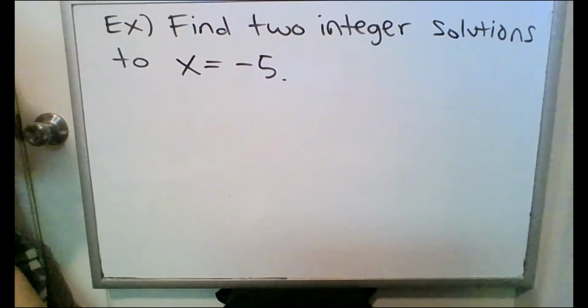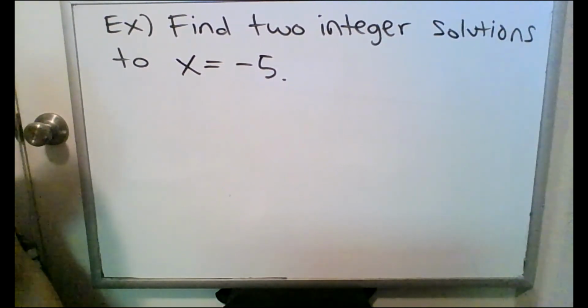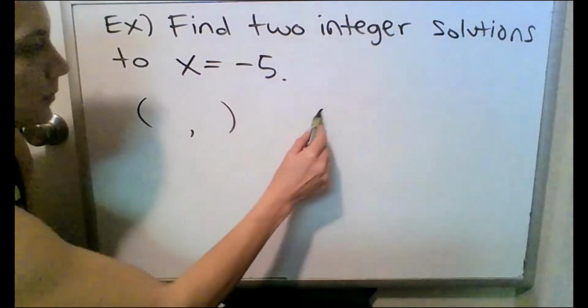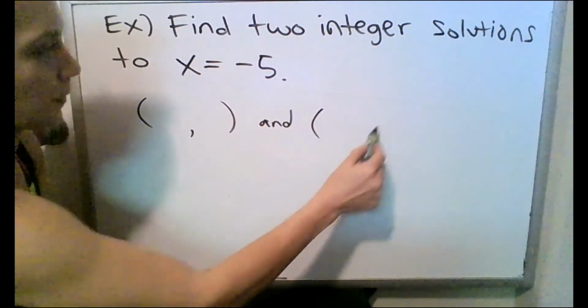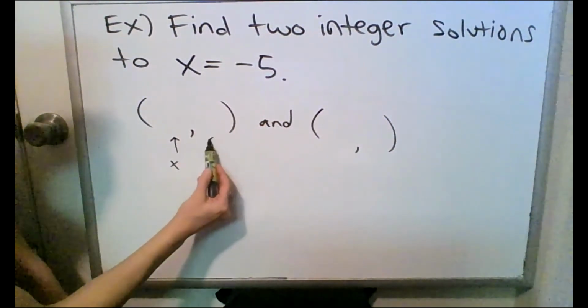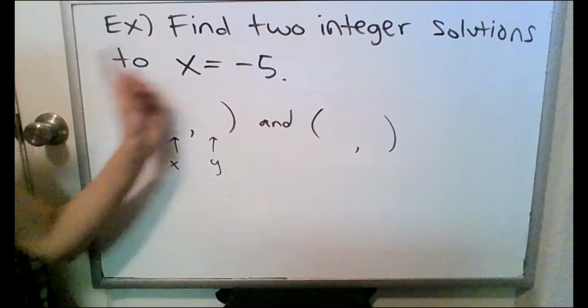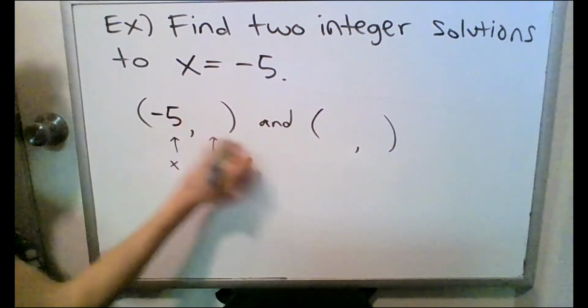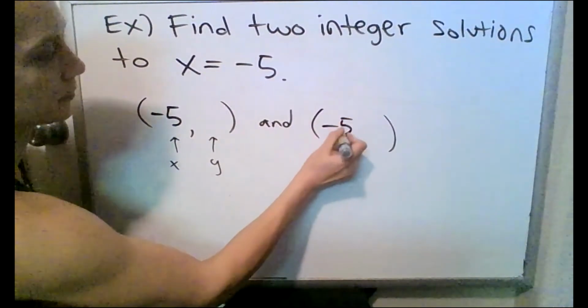All right, I'm going to find a few points. We only need 2 points, so let's set those up. This is my x. This is where I put y. X has to be -5, so I'll start there in both of my points.